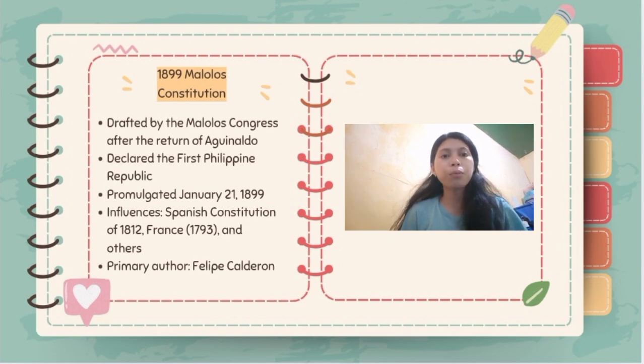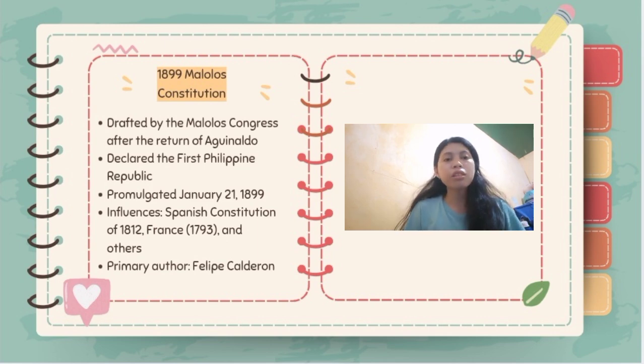Promulgated means officially announced or put into effect. The Malolos Constitution was officially put into effect on January 21, 1899. This was the day that the First Philippine Republic was born. The Malolos Constitution was not written in a vacuum. It was influenced by other constitutions from around the world.